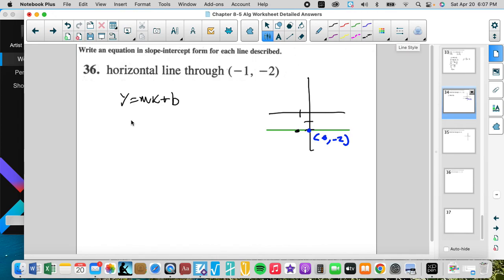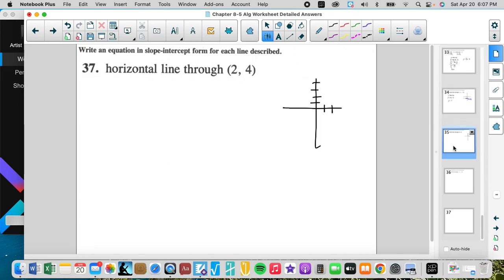I kind of felt like I made a bit of a boo-boo. 0x minus 2, and so we get y equals -2. 2 on the x, 4 on the y goes here, and it's a horizontal line kind of going through there. That's better. So my y-intercept is going to be that point, which is 0, 4.